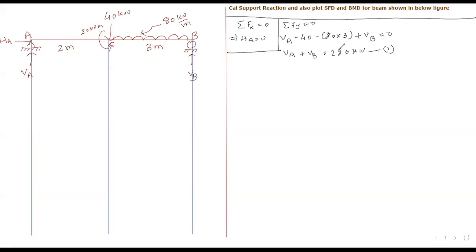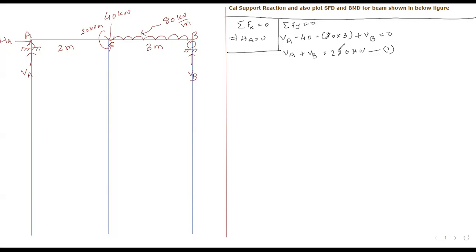Now, what is sigma fy? What is sigma fy? Tell me. Type in chat box. What do you even understand by sigma fy? Yes, algebraic summation of all the forces in y direction.